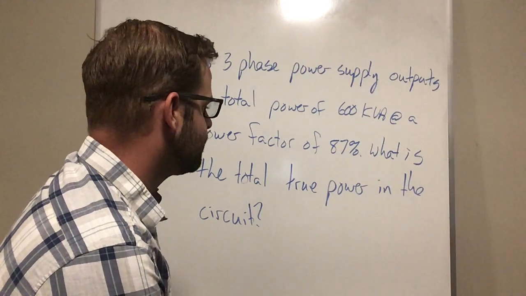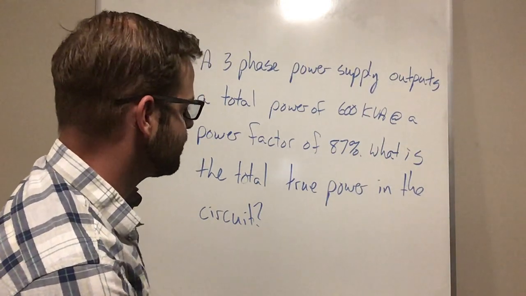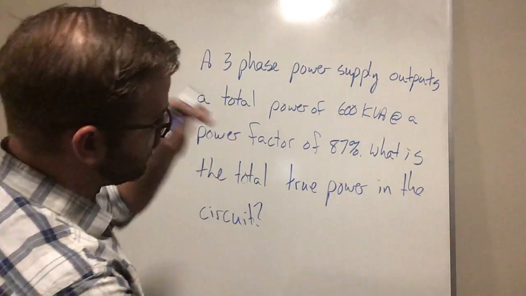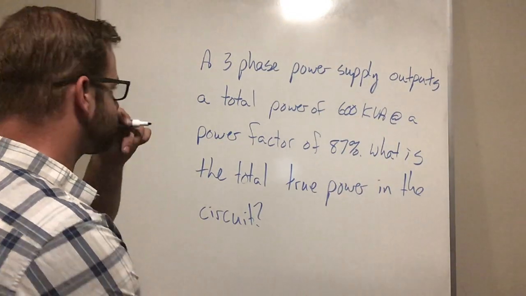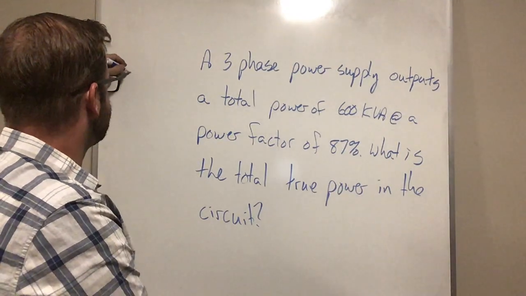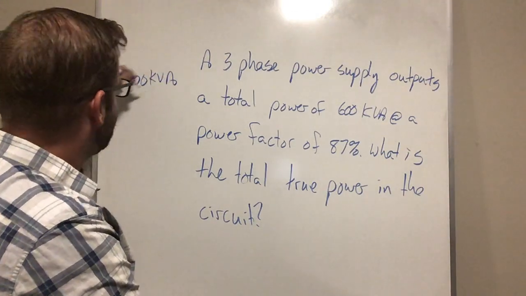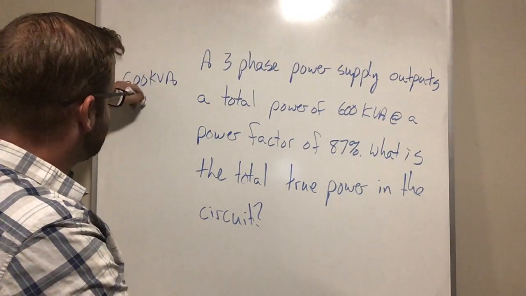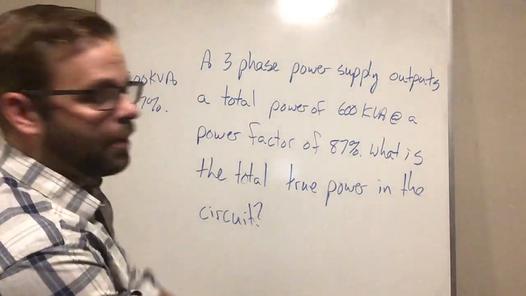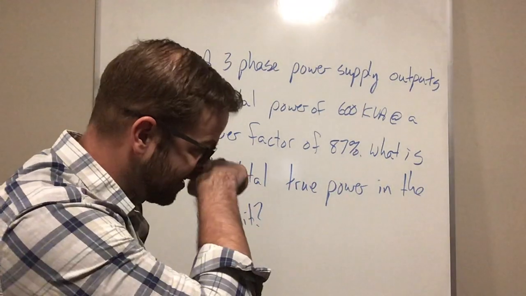What is the total true power in the circuit? So we're going to take out the important information. We know that we have 600 kVA and a power factor of 87%. Obviously we don't need any more information than that.